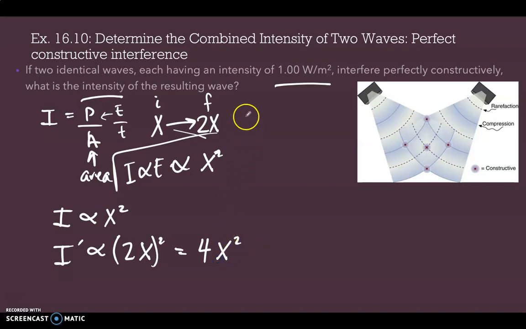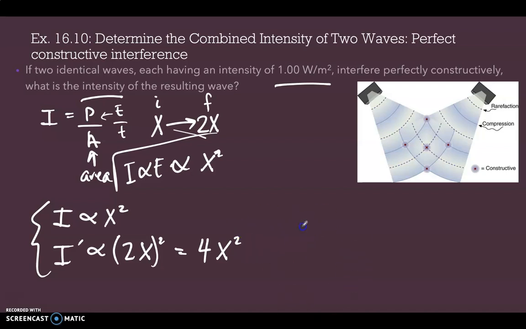So when we have these 2 identical waves with intensities of 1 watt per meter squared, what is our intensity of the resulting wave? Well, if we look at these 2 intensities, I know I'm saying intensities a lot, but bear with me, we can see that this one must have 4 times the amount.